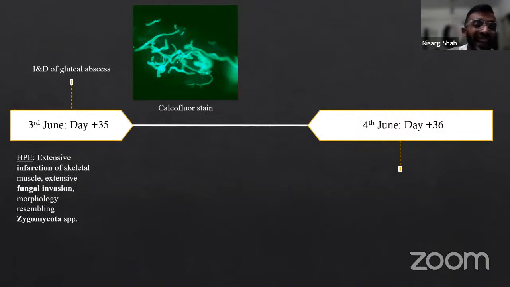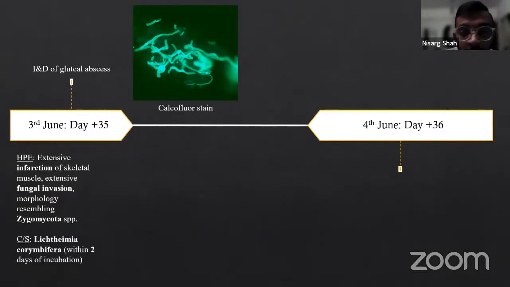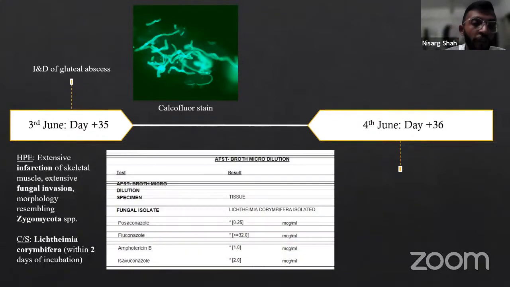Histopath was showing extensive infarction of skeletal muscles, extensive fungal invasion of these skeletal muscles, and morphology was resembling zygomycota species. And culture grew Lichtheimia corymbifera, which grew within 2 days of inoculation, despite the patient being on supratherapeutic level of posaconazole and liposomal amphotericin B.